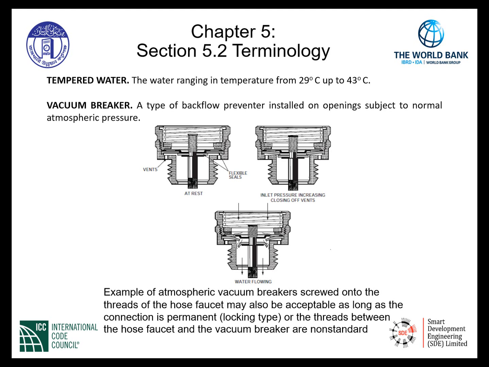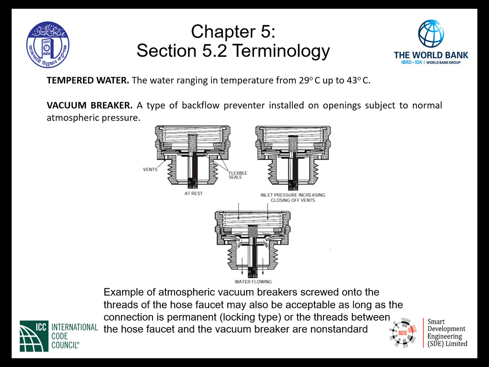As can be seen here in the upper left-hand graphic, this is an at-rest condition. There appear to be two flexible seals. With the flexible seals at rest, there is a no-flow condition. The bottom graphic indicates water flowing.